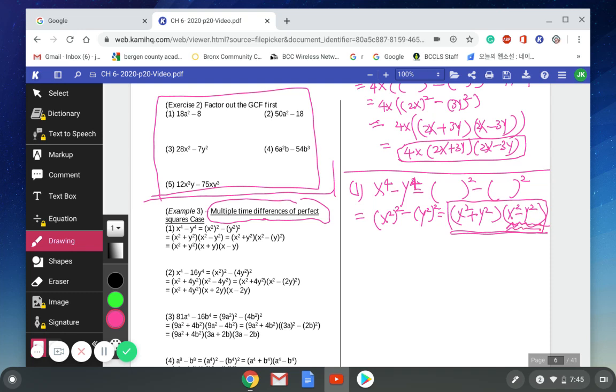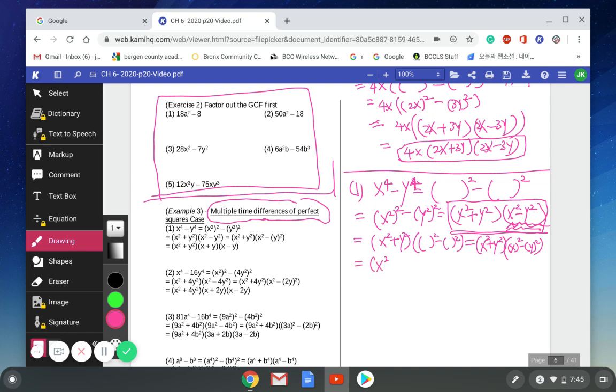So what does that mean? That means you have to do one more time. So after I write the addition of two perfect squares, now we have to write this one into something squared minus something squared format. Now, can you do that? Yeah, it's x² plus y² with x² minus y² format.